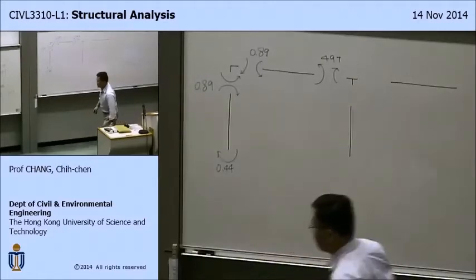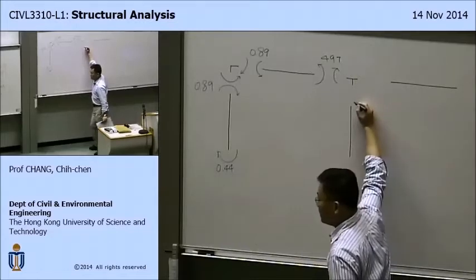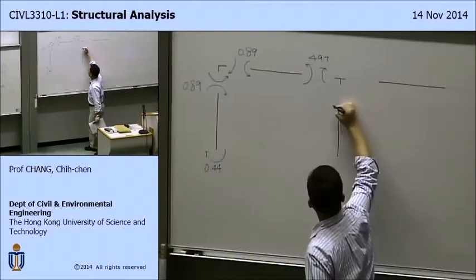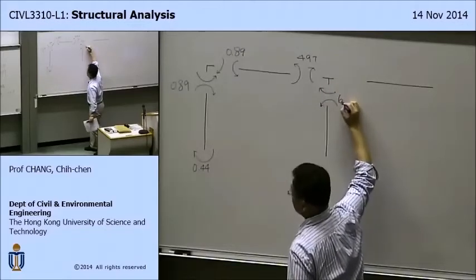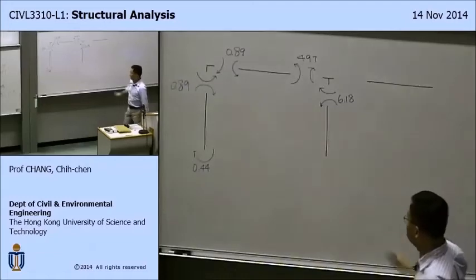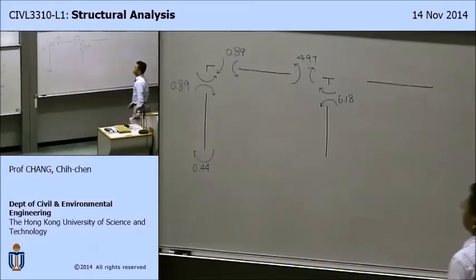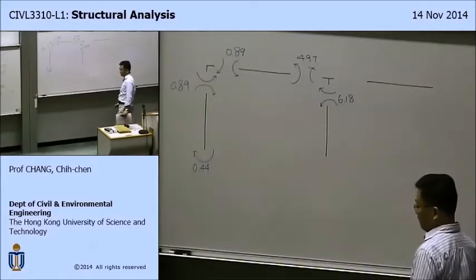And next is CD, from C to D. So here, this component, CD is positive. Positive is counterclockwise. All right? And this is equal to 0. The last one is CE, is negative.